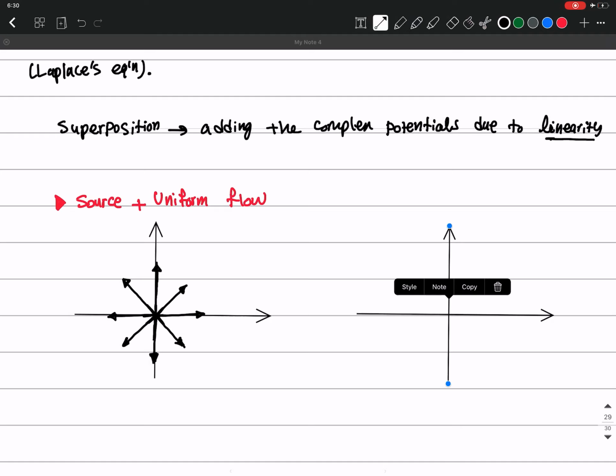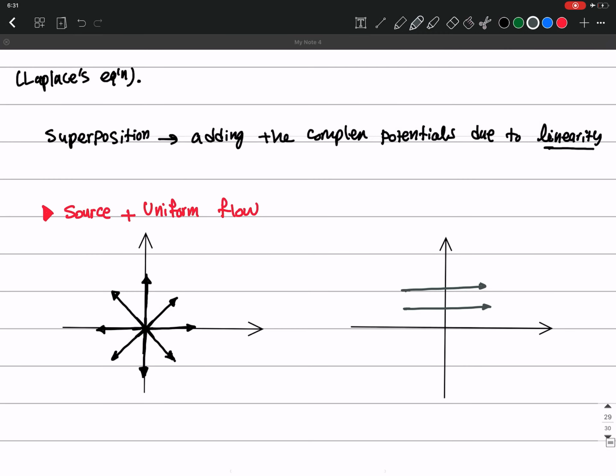And also we have a uniform flow, say in this sense, it could be something like this. So we want to see what is going to be their superposition if we have both of them together.